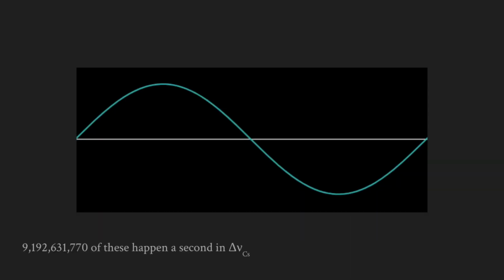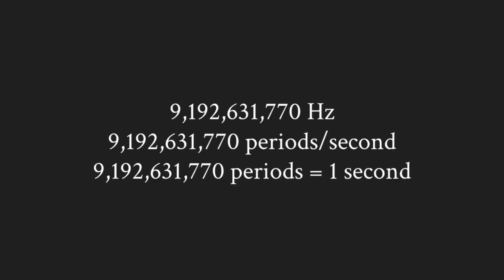To use it to define the second, this wave's frequency is set to be exactly 9,192,631,770 Hz, or 9,192,631,770 periods per second. After some math, that makes the second equal to exactly 9,192,631,770 periods of this specific frequency.